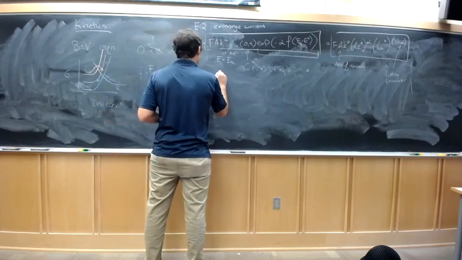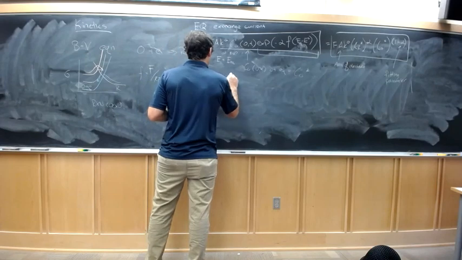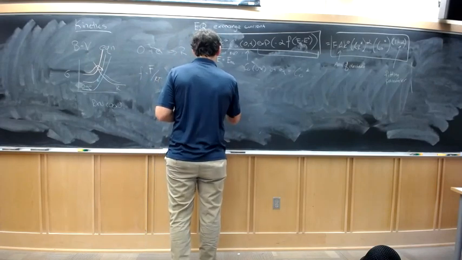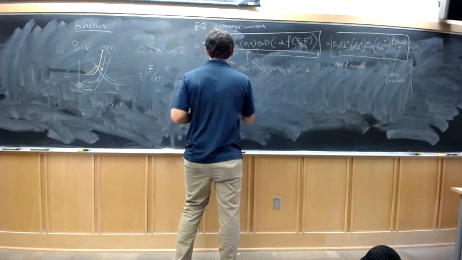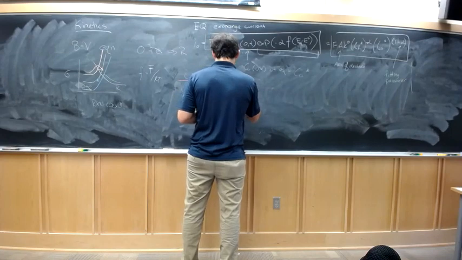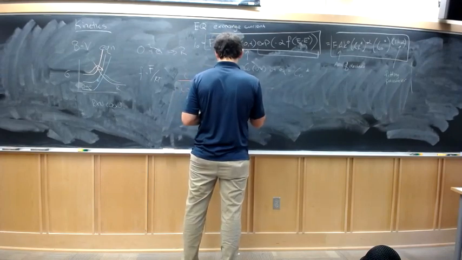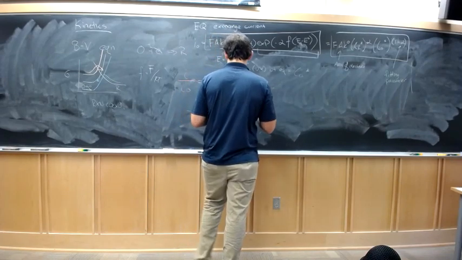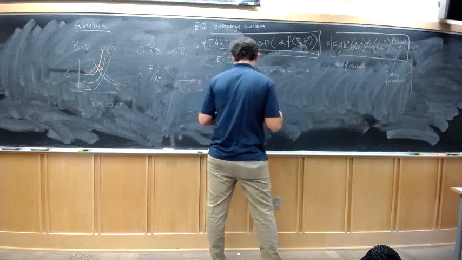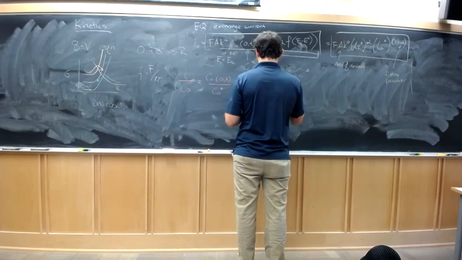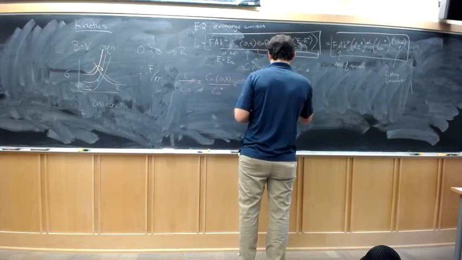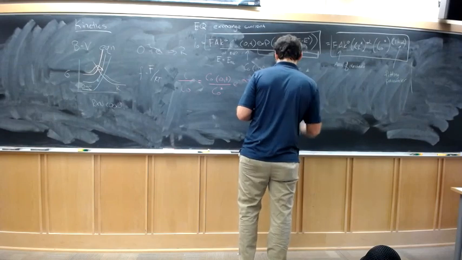So we get C_O(0,t) over C_O star, e to the negative alpha f (E minus E naught), e to the alpha f (E_eq minus E naught).